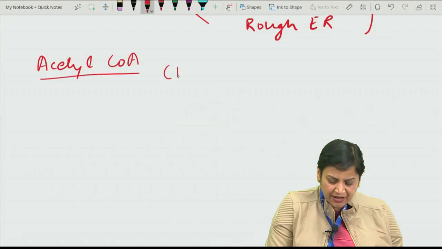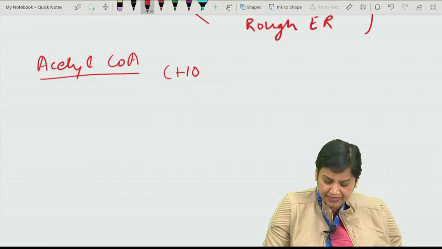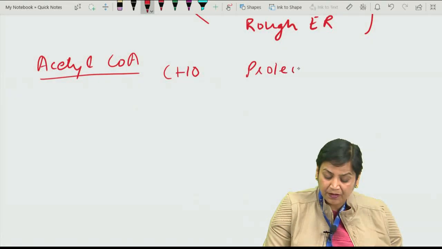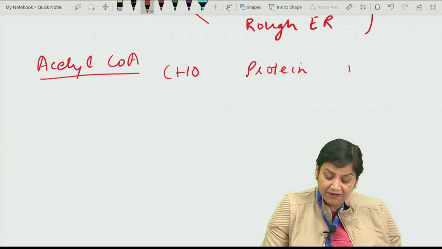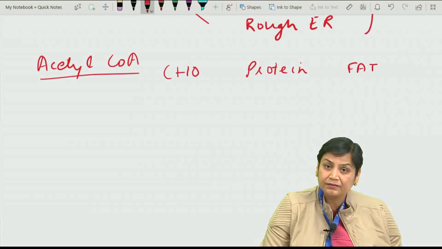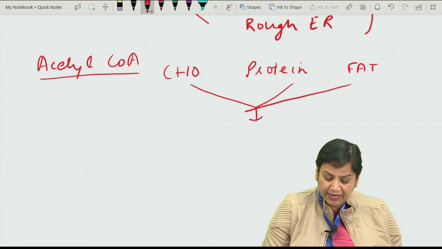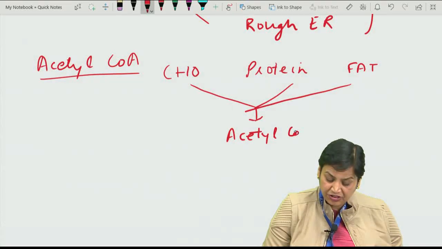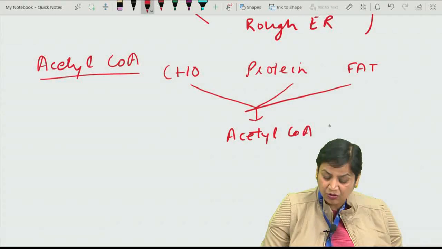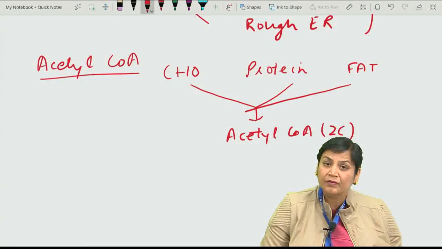Whether we are having carbohydrate in our diet, whether we are having protein in our diet, whether we are having fat in our diet, ultimately they have to be converted into acetyl coenzyme A, which has 2 carbon atoms.